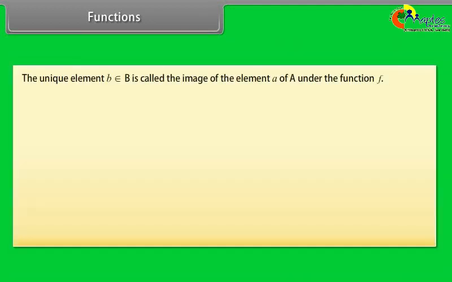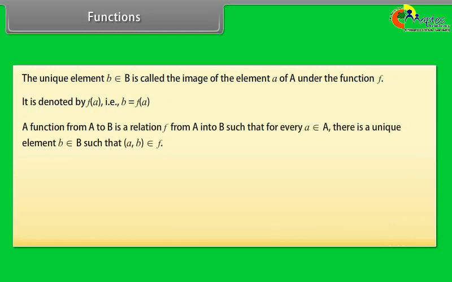The unique element b belonging to B is called the image of the element a of A under the function f. It is denoted by f(a), that is, b = f(a).